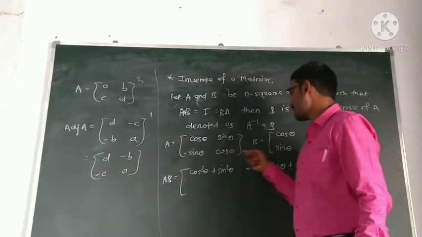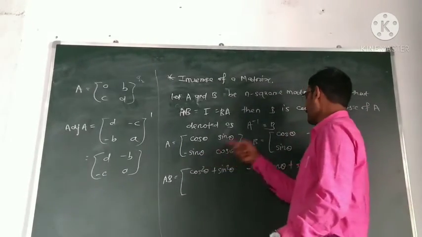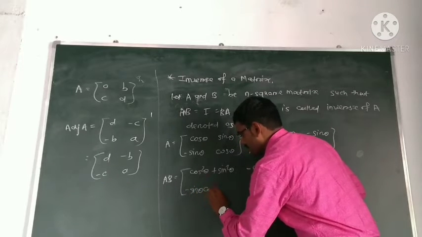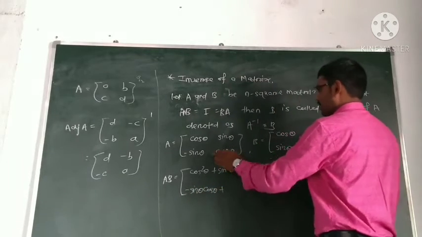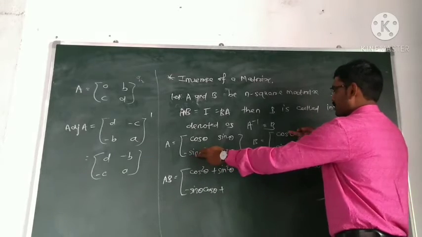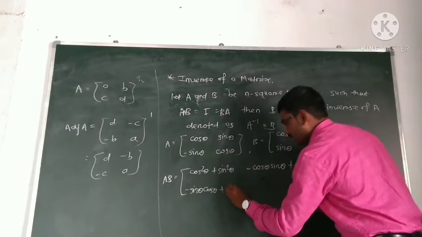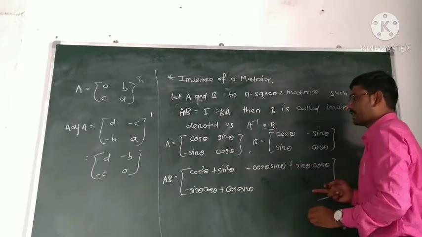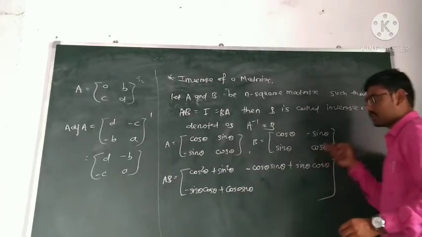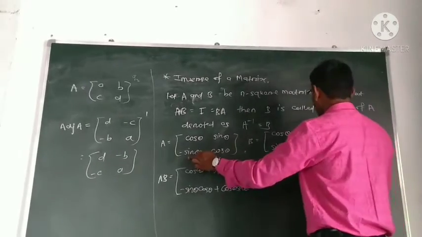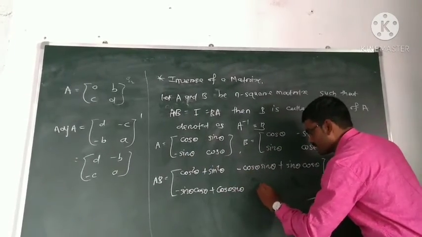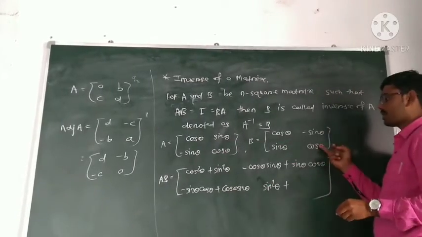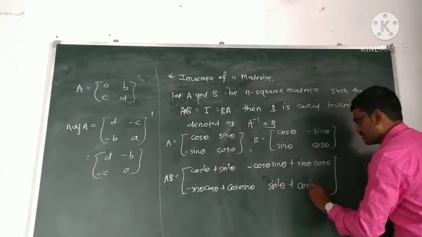Then second row, first column: minus sin into cos plus cos into sin. And the fourth entry is second row, second column: minus sin theta into minus sin theta, that is sin square theta, plus cos theta into cos theta, that is cos square.